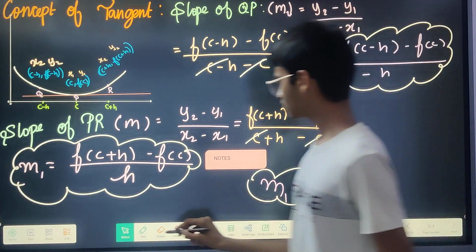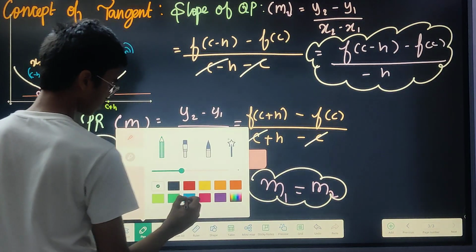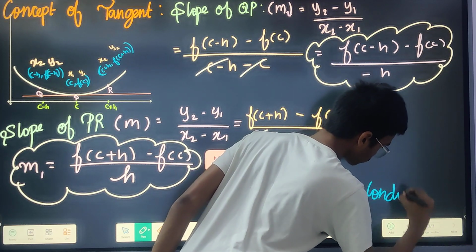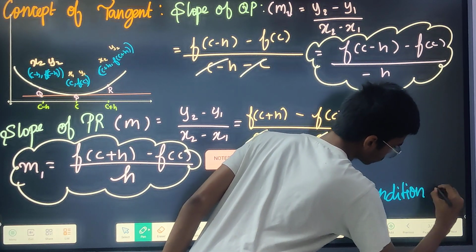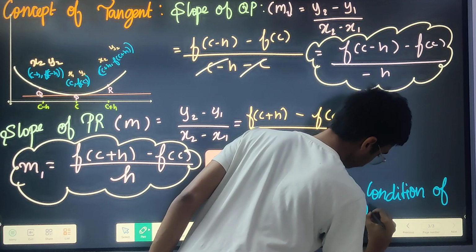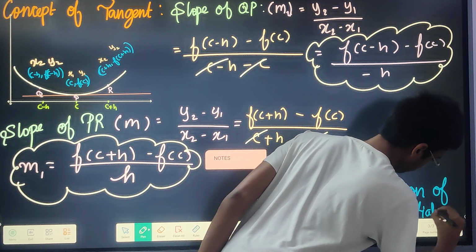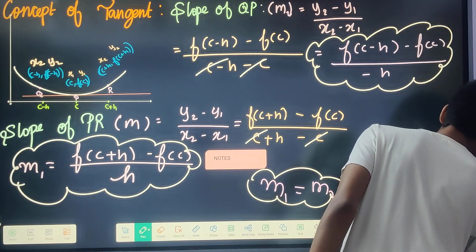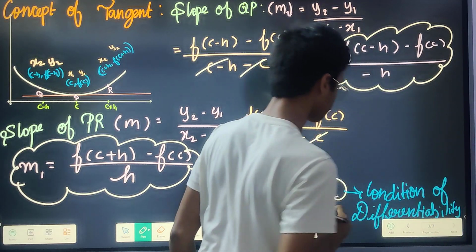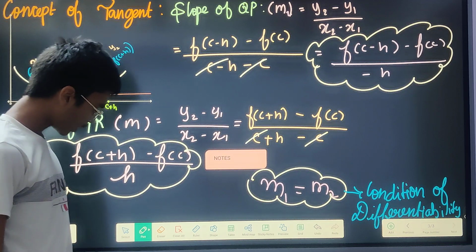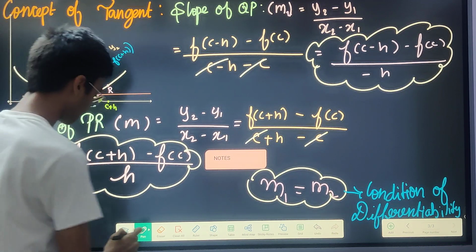Okay, this is the condition of differentiability, at point P. This is also important.